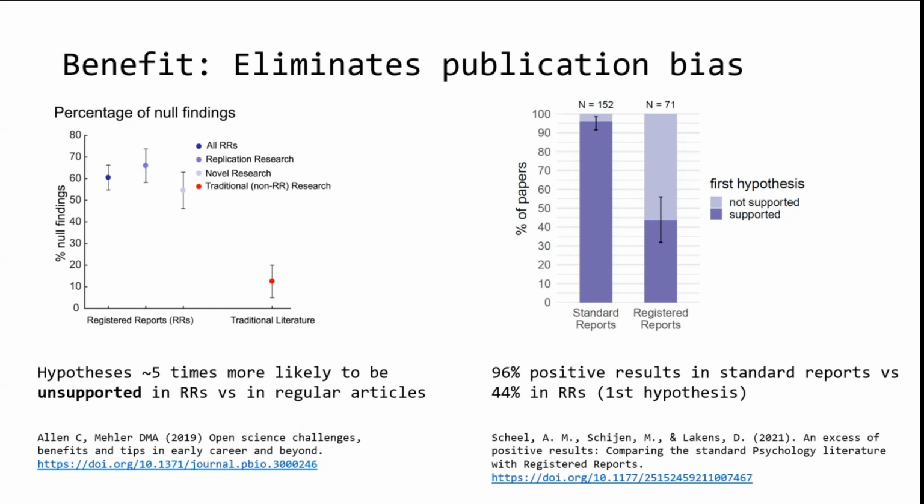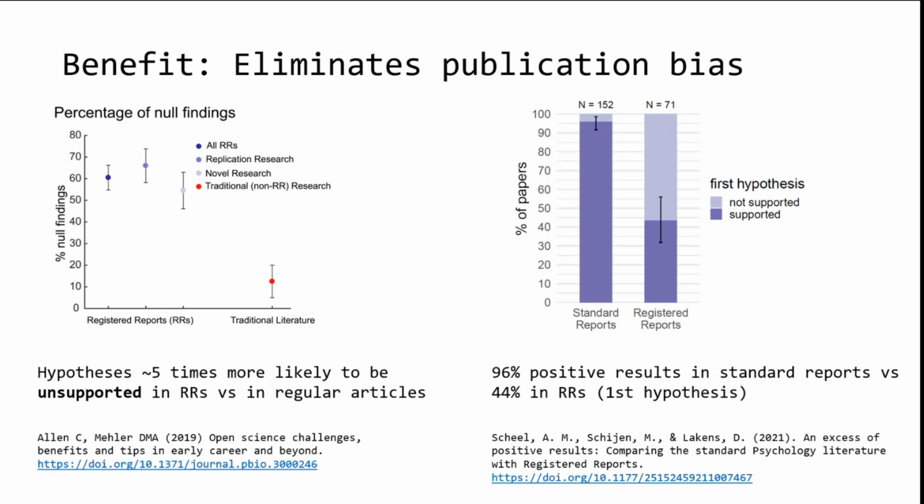So if we focus on the panel on the right, this is some work by Anna Schiel and colleagues, and they coded the first hypotheses of standard reports and of registered reports. And as you can see, in standard reports, 96% of them were reporting positive results.